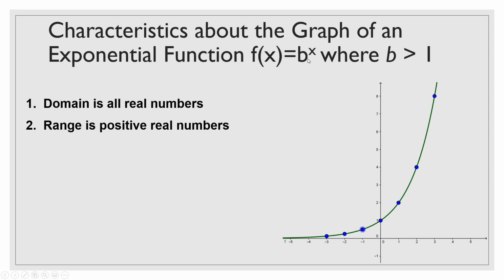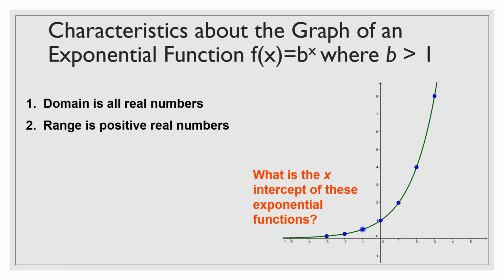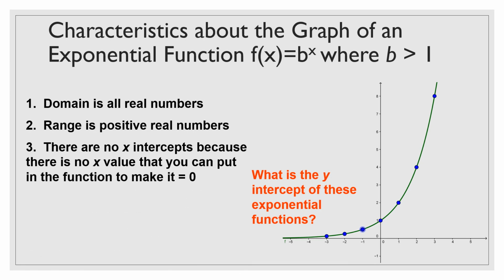Remember that we have b raised to x and b is greater than 1. Here, the graph goes upward. Now, what is the x-intercept of these exponential functions? As we can see here, there is no x-intercept in the graph of b raised to x.